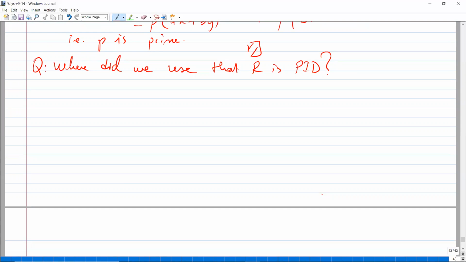Okay, here's another definition, another property of rings. This is Euclidean domain. Let me write with capital letters, with different colors.